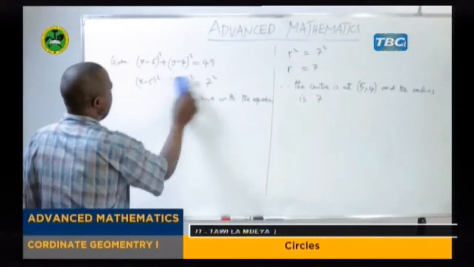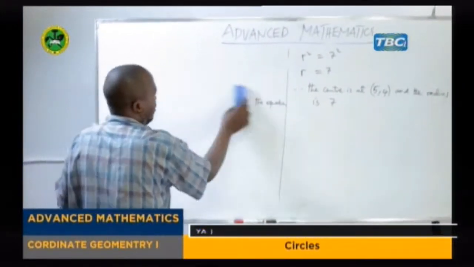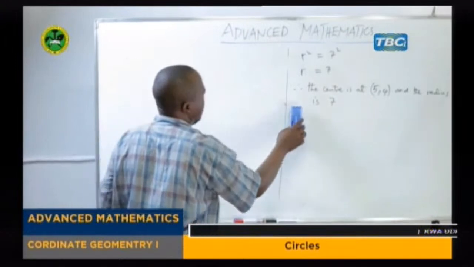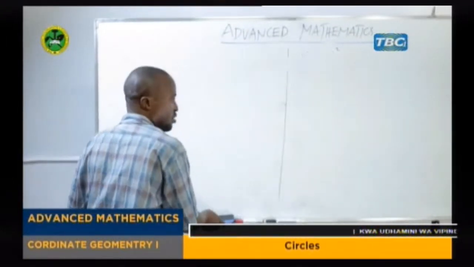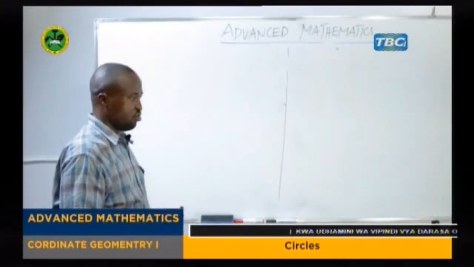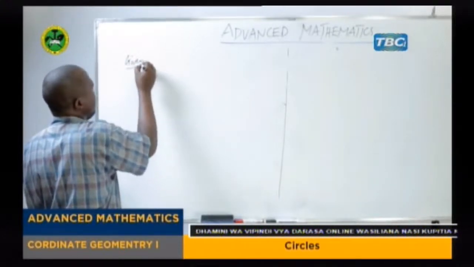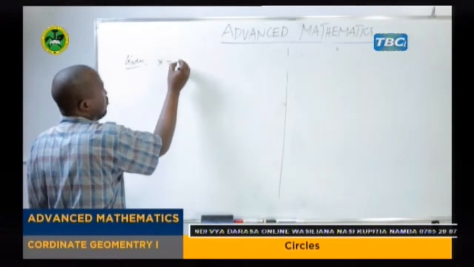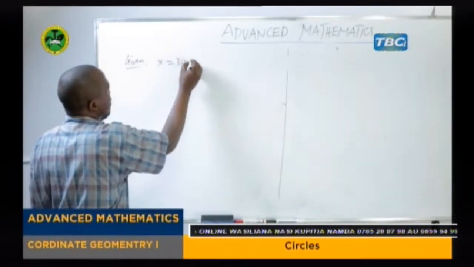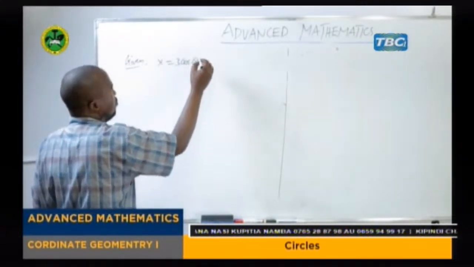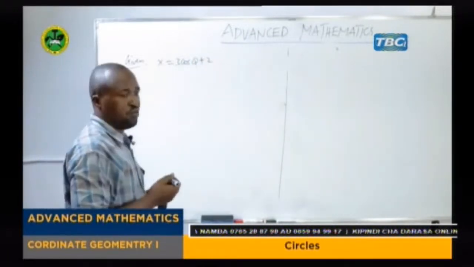Let us see how we can show the point at the coordinate of the circle. So in this case we have x is equal to 3 cos q plus 2.